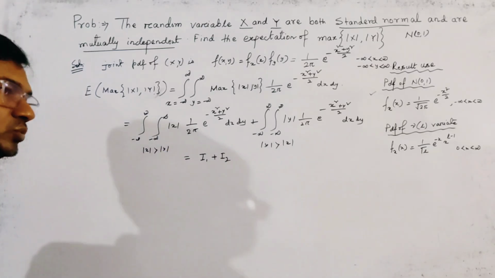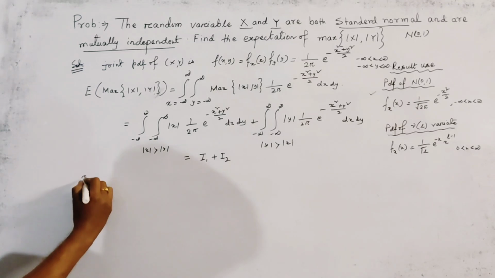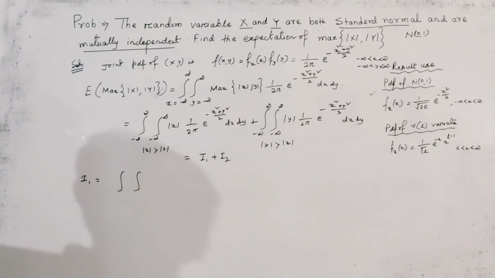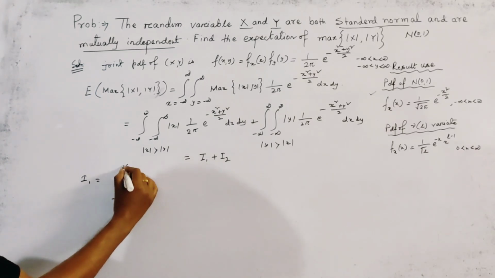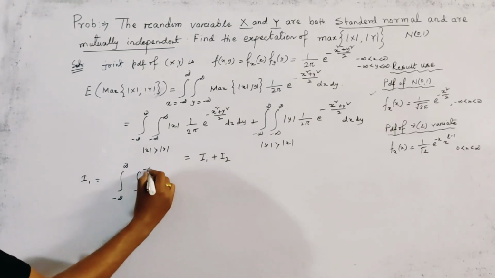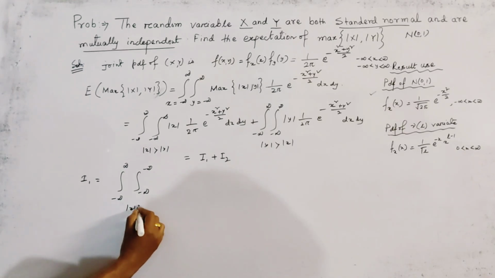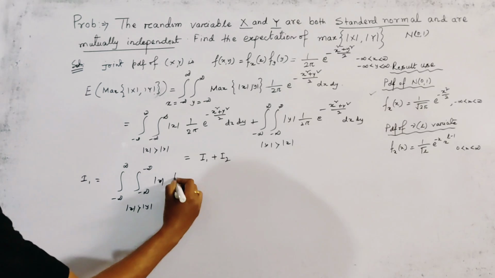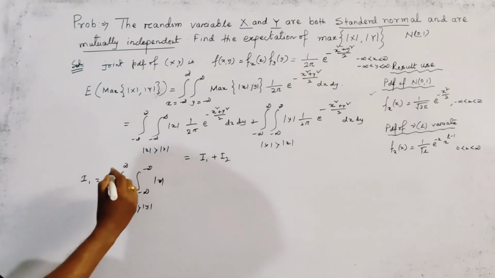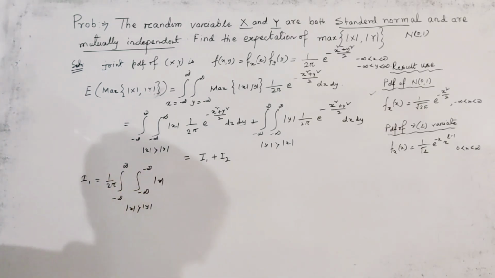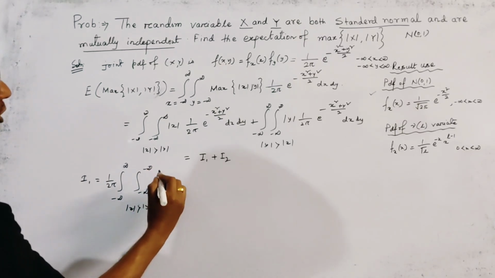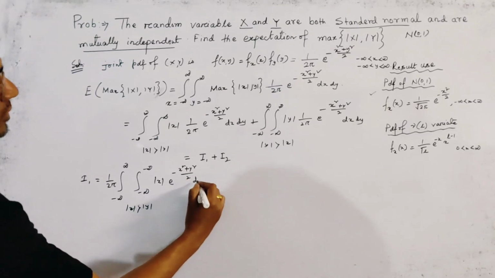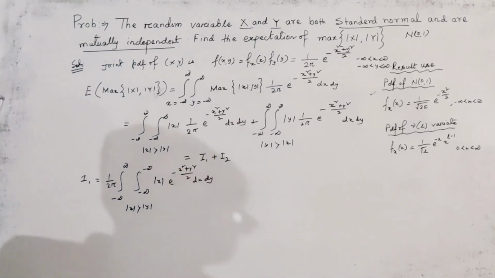Now I1 is given by the double integral from minus infinity to infinity, over |x| greater than |y|, of |x|, with 1/(2π) outside the integration, times e^(−(x²+y²)/2) dx dy.